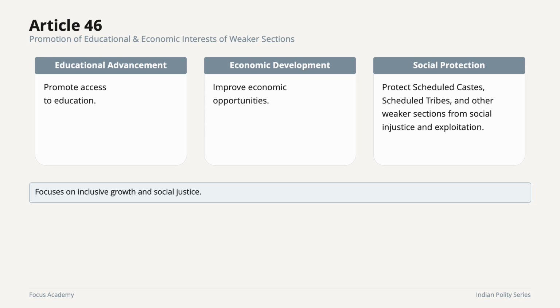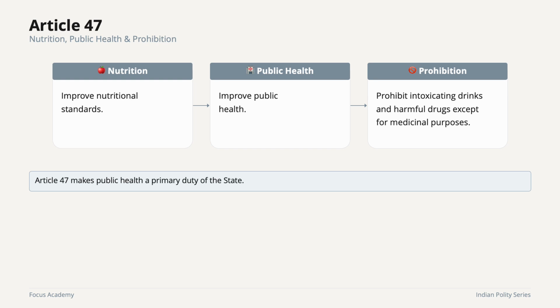These are all weaker sections of the society. So Article 46 talks about educational advancement of the weaker sections, the economic development, and social protection, okay, from injustice and exploitation, which is why the government enacts various laws to help protect the minorities and, let's say, child labor and so forth. So Article 46, not much explanation needed.